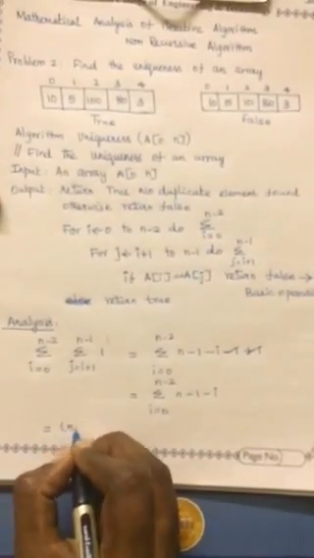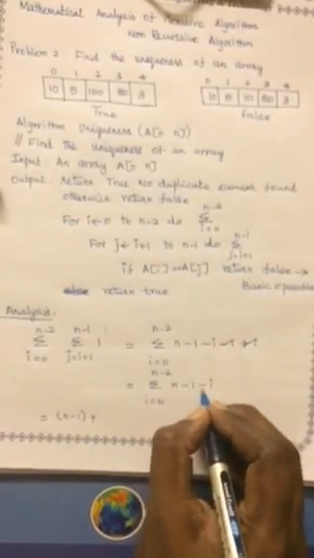Now we substitute the value of i here. If you substitute 0, you will get n minus 1. When you substitute 1, you will get n minus 1 minus 1, which is n minus 2. When you substitute 2, you will get n minus 3. If you keep on substituting like this until n minus 2, you will get 2 plus 1.